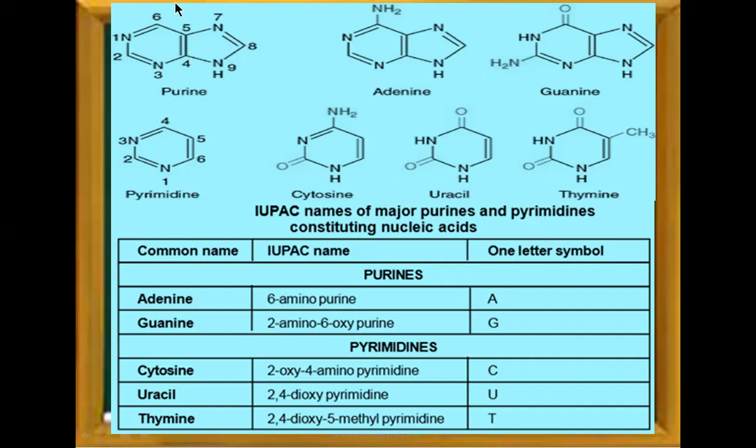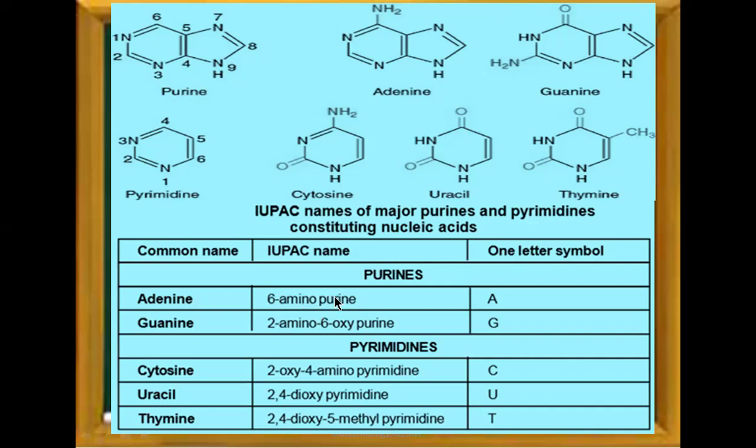So this is the parent structure of purines and pyrimidines. We can also represent these with IUPAC names. In purine, the adenine can be mentioned as 6-amino purine.